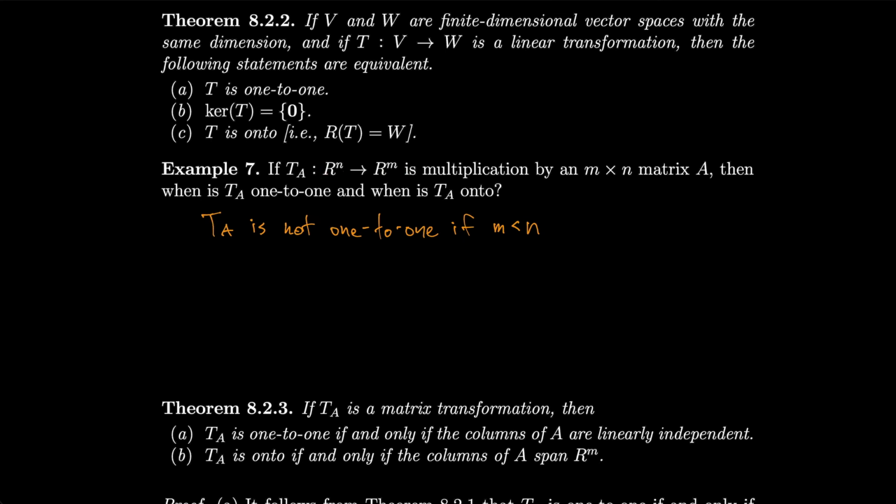It is not onto in the opposite case, if n is smaller than m, right? Then there's no way you're going to be able to hit every vector in Rm. If m is equal to n, then it depends on your matrix A, or more specifically, it depends on the rank of A.